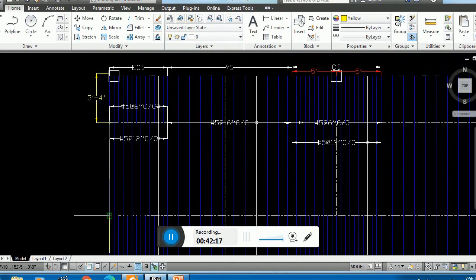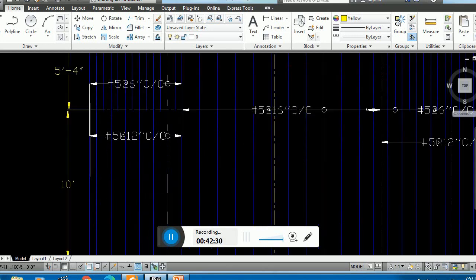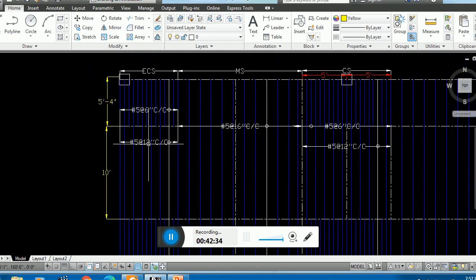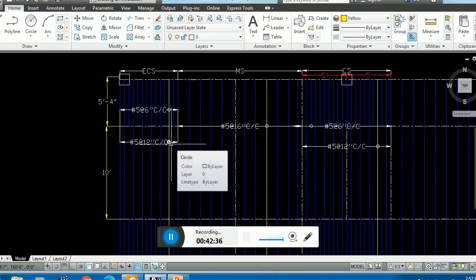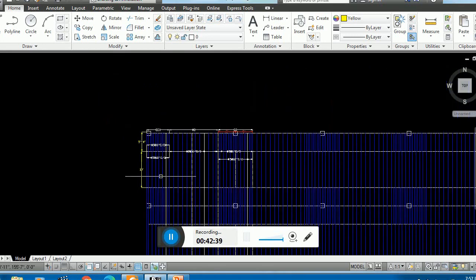If you change this to 8, then it will be 16. So here you have flexibility. But remember, theoretically we don't need this amount of reinforcement in the positive region, but we are providing the minimum reinforcement, and again here I am using that reinforcement.